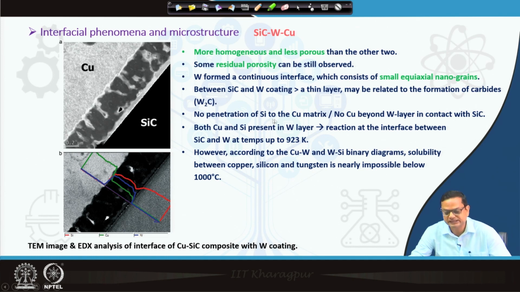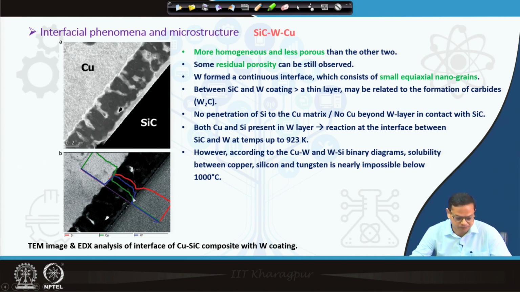Okay. No penetration of silicon into the copper matrix and no copper beyond the tungsten layer in contact with SiC. What does that mean? If you see in this elemental mapping, the line profile, this red one is for silicon and the green one is for copper. So, silicon and copper both are going into the tungsten layer. However, beyond the tungsten layer, you can see silicon drops quite suddenly.